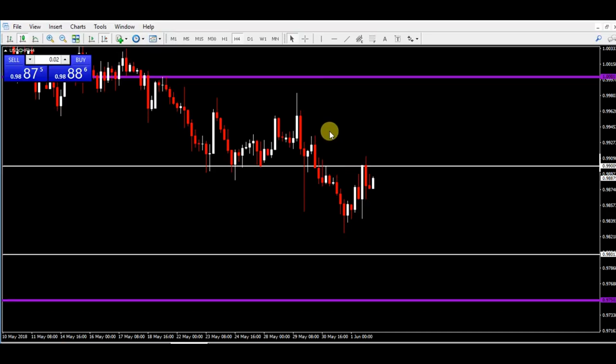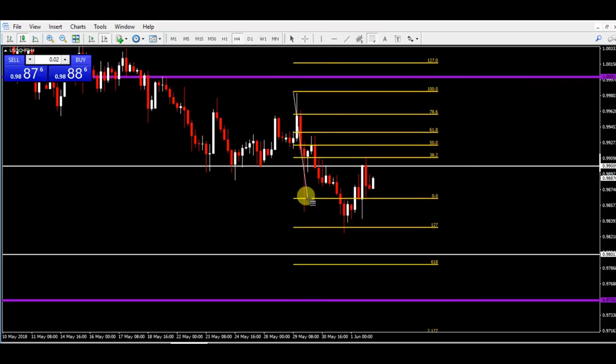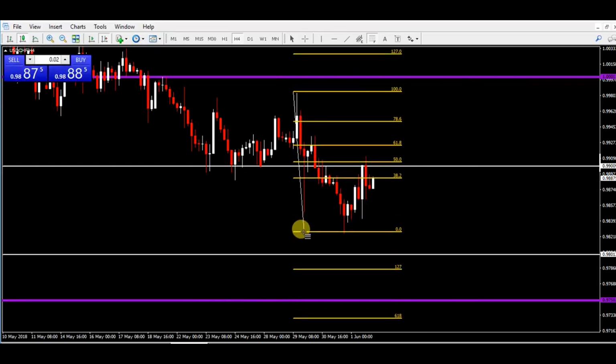All right, what else? We see lower swing highs and swing lows, highs, lows, highs, lows, right? What we learned in the previous chapter. Fibonacci. Let's just see what it comes down to when I do this.